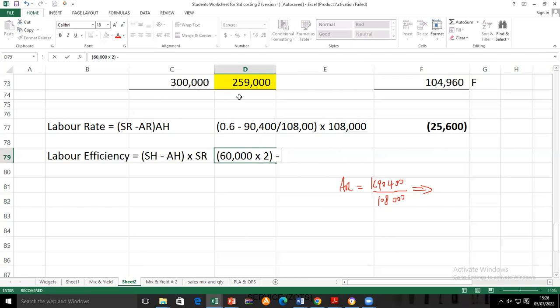Minus the actual hours, multiply by. Is that okay there?